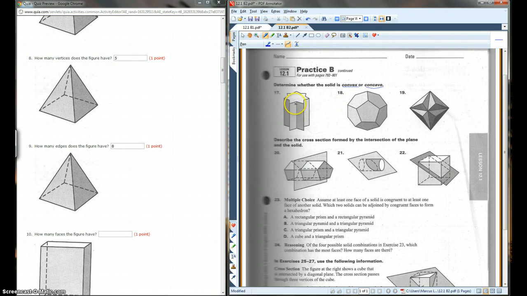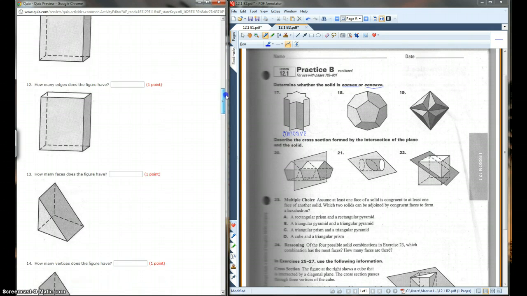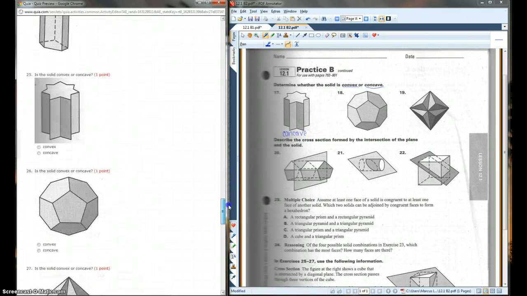So this one, as you can see, some of the edges are cutting in, so this one is obviously concave. And over here, this corresponds with number 25. I'll let you guys figure out these two problems over here in this section.